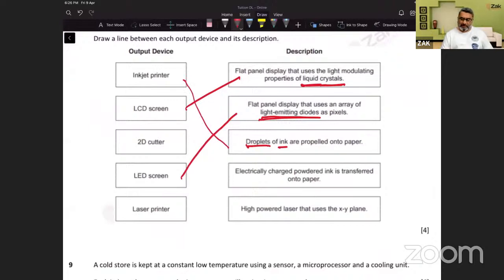Electricity charged powered ink, charged ink, laser. High power laser that uses XY planes. High powered laser here. This is 2D cutter. XY के बजाय Z होता तो फिर हम कहते 3D cutter.